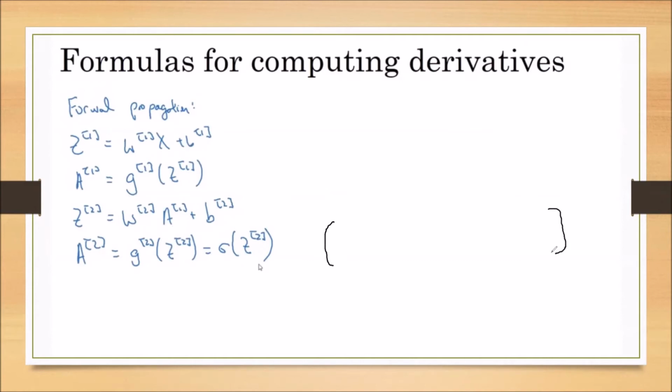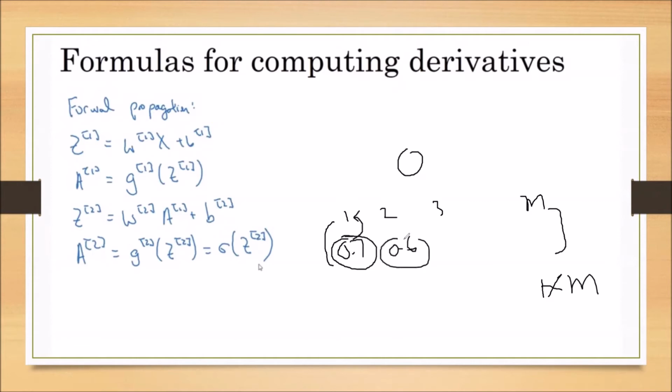In the second layer, we have only one activation unit, but we are getting a 1 by M matrix, meaning this is 1, this is 2, this is 3, this is M. For example, this result may be 0.7. This 0.7 value is the predicted output for the first training sample. This is 0.6, the output for the second training sample.